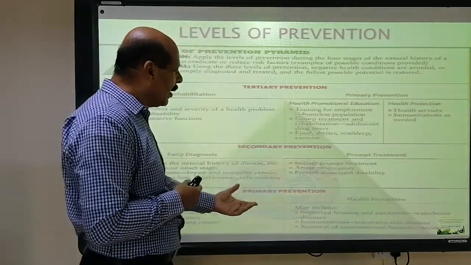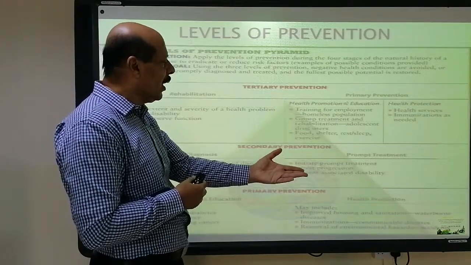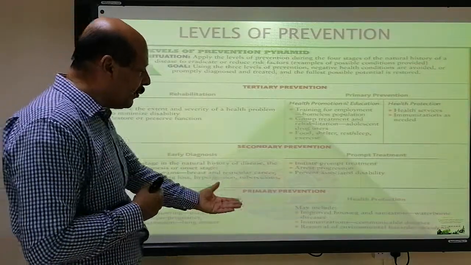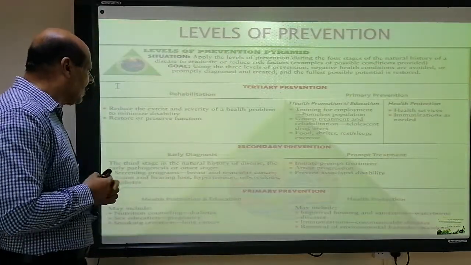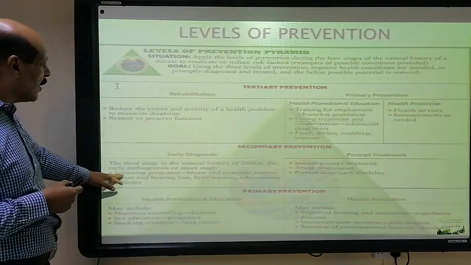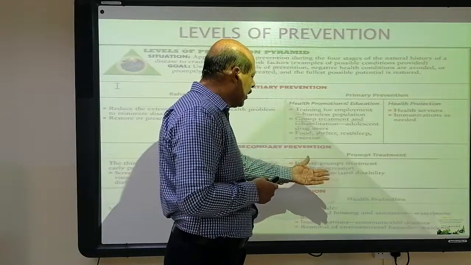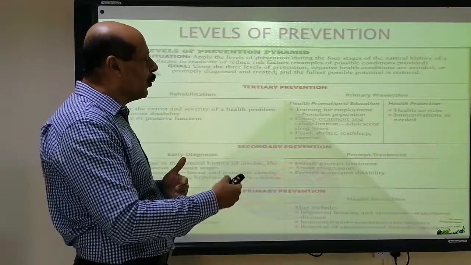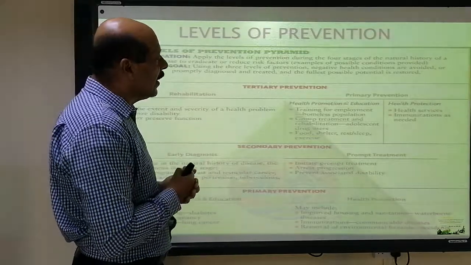Health protection means improving housing and sanitation, avoiding waterborne disease, immunization, removal of environmental hazards, and prevention of accidents. The secondary prevention is early diagnosis by screening tests, then prompt and immediate treatment, in order to stop the progression of the disease and prevent the associated disability.